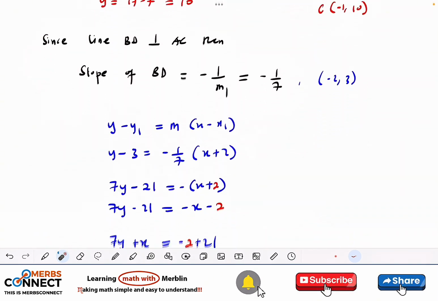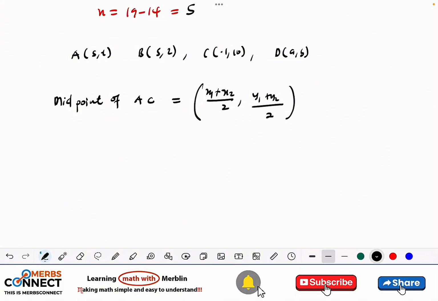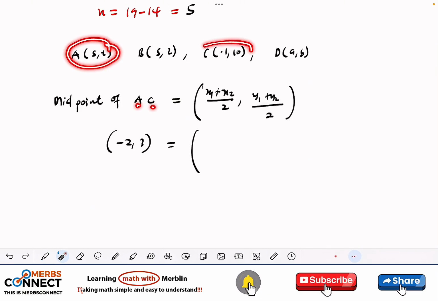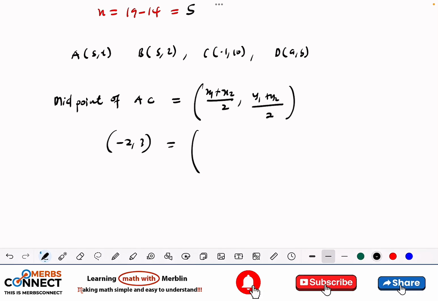So that is equal to, now what is the point of A? This is the point of A. What's the point of C? This is the point of C. So this is x1, y1, x2, y2. So we are going to have s minus 1 divided by 2, and t plus 10 divided by 2.